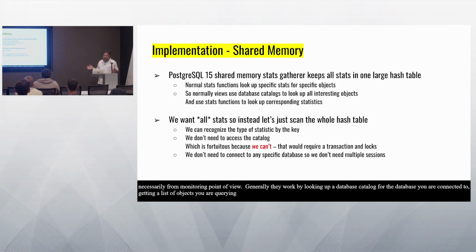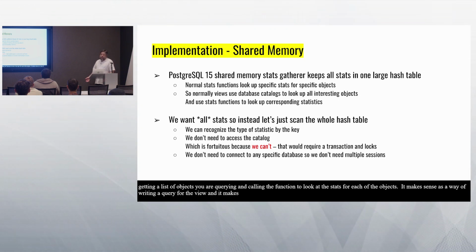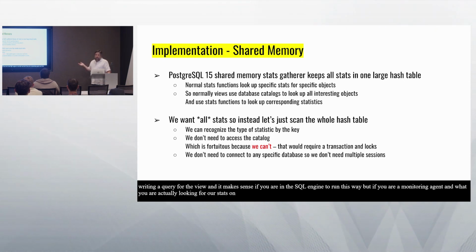I mean, it's SQL, so it's a join. It makes sense as a way of writing a query for the view, and it makes sense if you're in the SQL engine to run this way. But if you're a monitoring agent and what you're actually looking for is stats on everything, you're kind of doing it the complicated way.